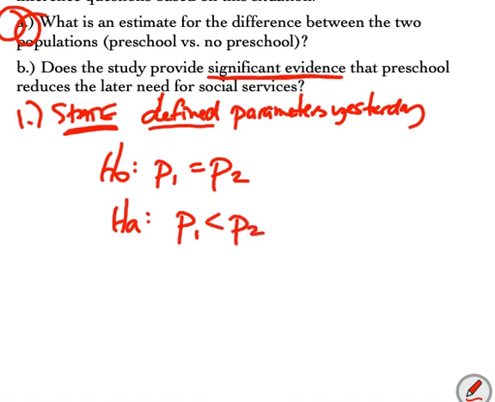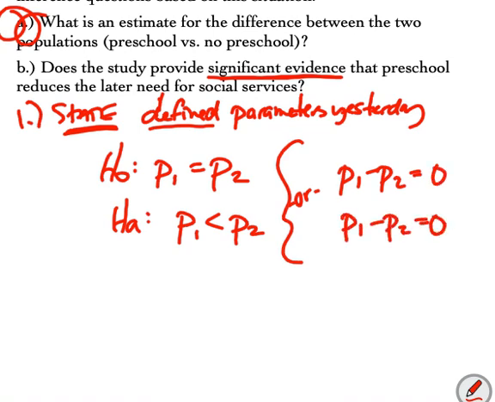Remember that P1 were the kids who had preschool, so we're hoping to find evidence for a lesser need for social services as adults. You can also write this, depending on how you want to do it, as P1 minus P2 is equal to 0, or P1 minus P2 is greater or less than 0. Those are the same things, so whichever you want to do is cool.